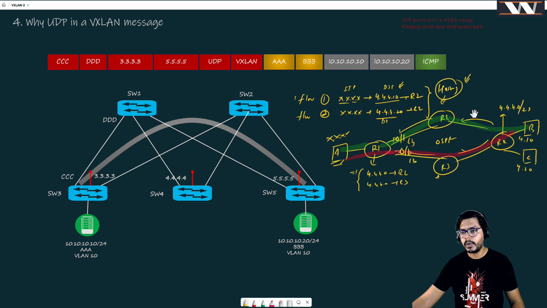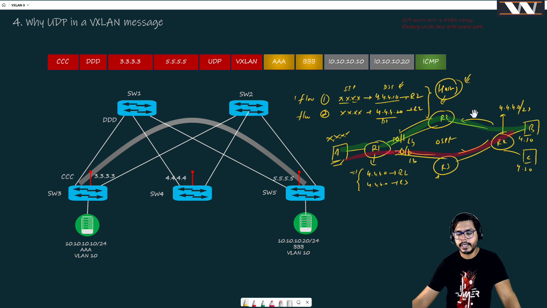The important property of hashing is that if you change anything in source IP, destination IP, source MAC, or destination MAC too, depending on what hashing algorithm you are using. Suppose you are using source IP and destination IP based hashing, it means that if anything changes, it is going to change the exit interface. Maybe this is the 0/1 interface, this is the 0/2 interface.